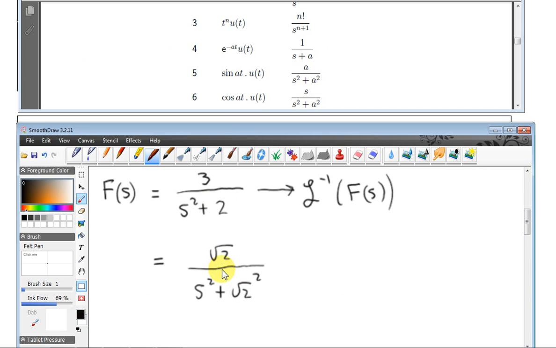So this is what we want, actually. Root 2 squared gives us the 2, but then we have to have the square root of 2 on top to compare it with this. But what about the 3? We can't just get rid of the 3. So the 3 comes out, and to compensate for putting a root 2 on top, we have to divide by root 2. So just make sure that these are equal, of course.